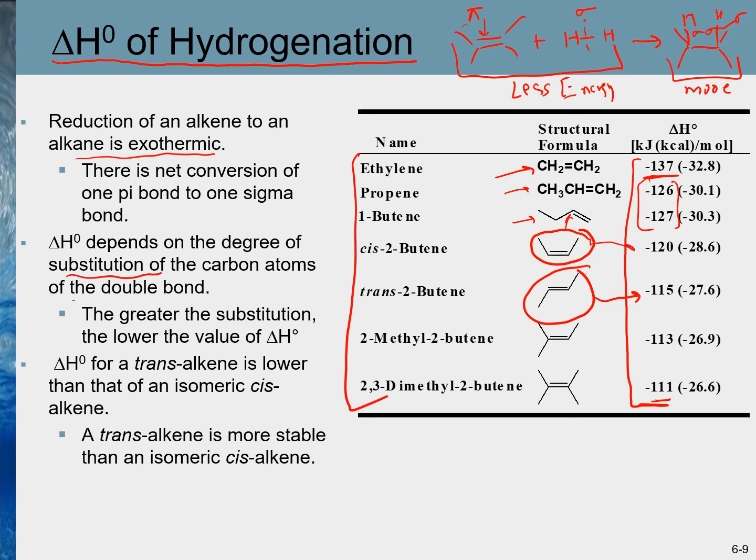That is obviously due to the stability of cis and trans isomers. We know that trans alkenes are more stable. More stable means that they have less potential energy stored in them. So therefore, when they are converted into alkanes, less energy is generated.